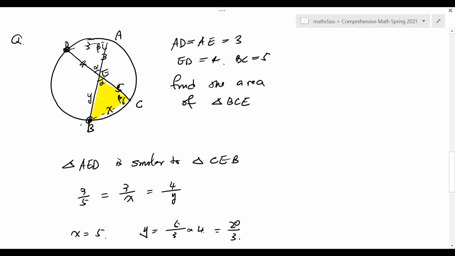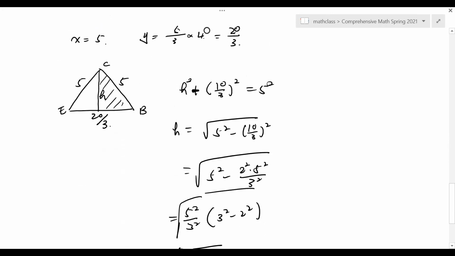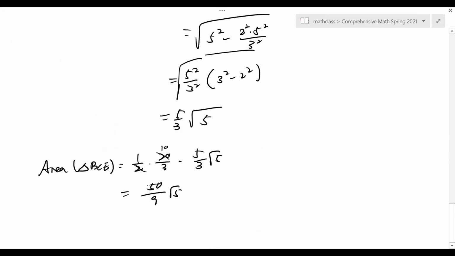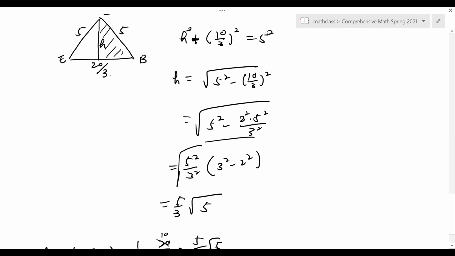Okay, and then you can determine all the other sides of the triangle in the yellow color. Then once you know the 3 sides, the triangle is uniquely determined. So then you can find the area. But for this problem, you just use the Pythagorean theorem. You can easily find the area.